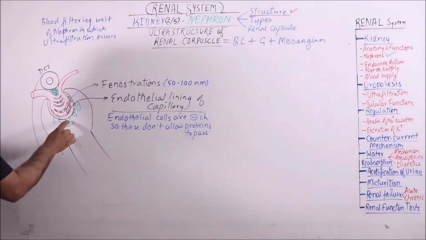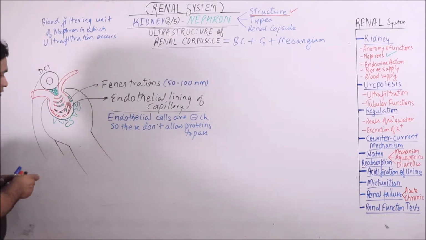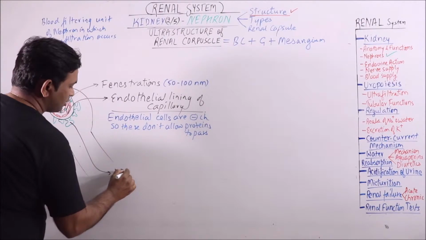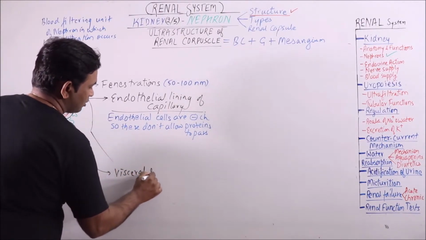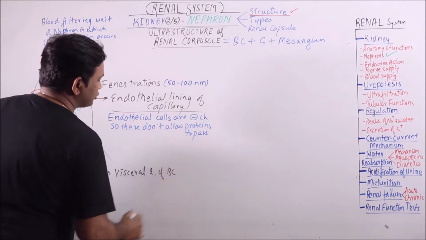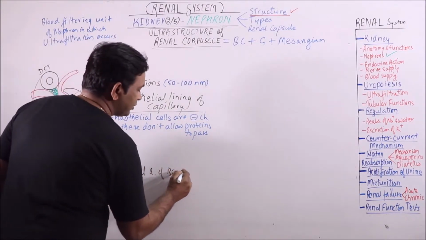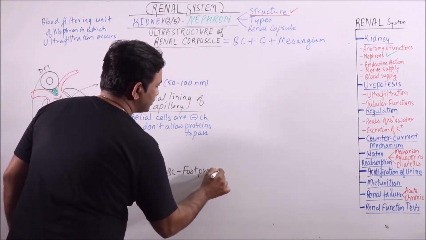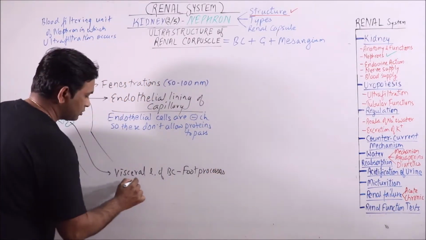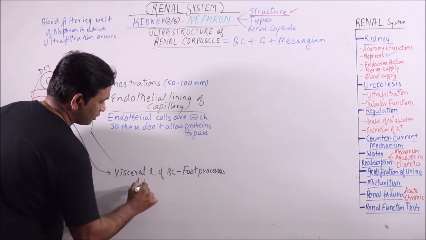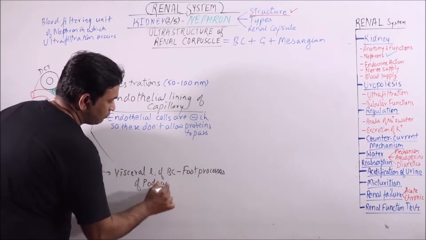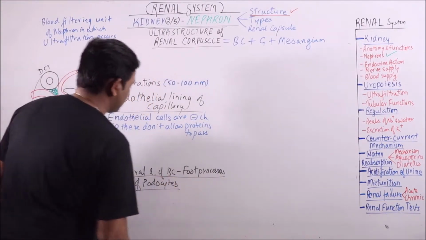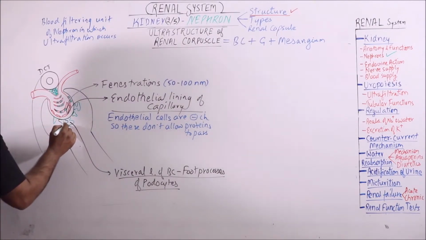Then this layer is the visceral layer of Bowman's capsule, and it is made up of foot processes of podocytes. These are podocytes.